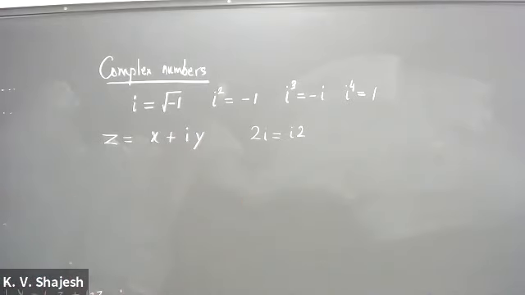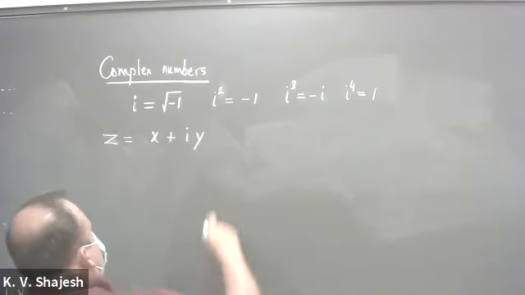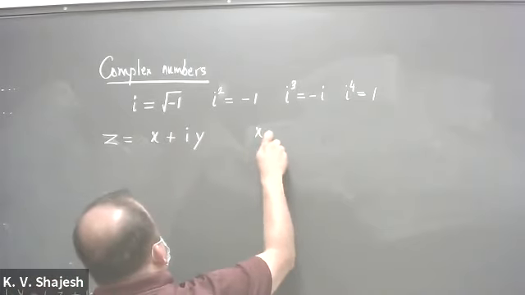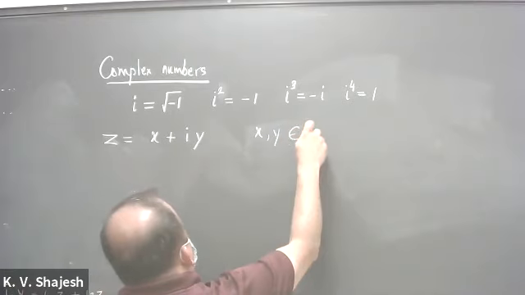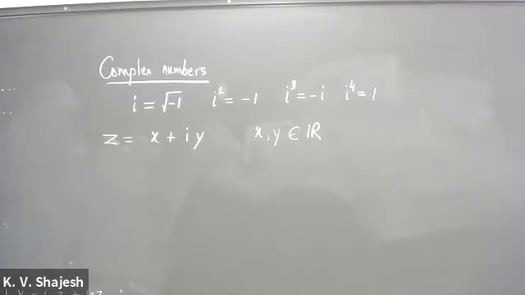If it's 3 or 276 times i, how does it work? So we specify those things, and this is going to be in general what a complex number is, and x and y are going to be real. x, y belongs to real, that means it's real, and z is going to be a complex number.